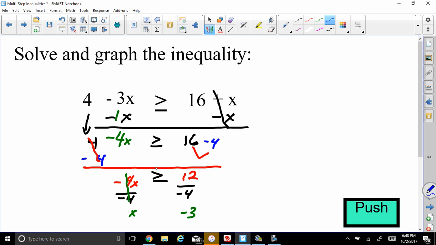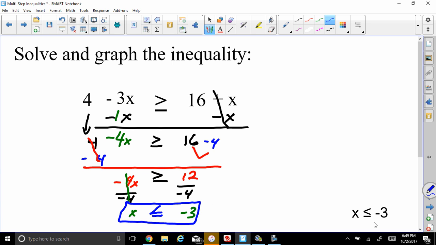So instead of having greater than or equal to, you're going to have less than or equal to. So there is your answer. X less than or equal to -3. So I hope we got that right. X less than or equal to -3. So remember, make sure you reverse that symbol because we divided by a negative number.